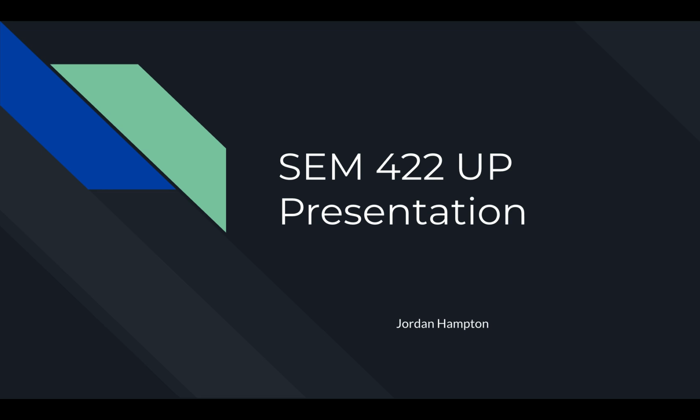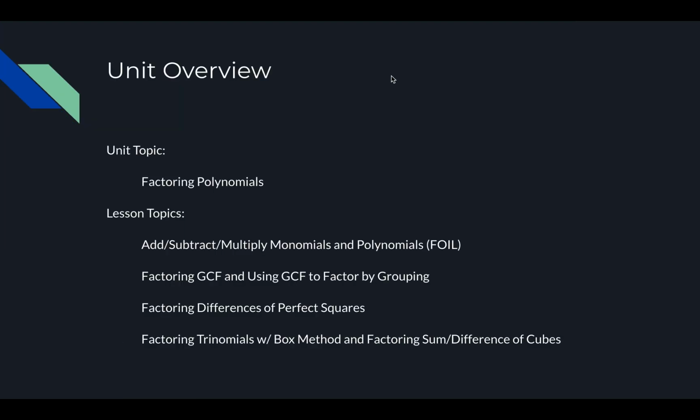I thought about doing AP computer science just to do something really challenging for me, because I had no idea what even AP computer science classes look like, but I didn't really think that fit the class and what we were doing here. And in geometry, a lot of it was stuff I'd done all my life, so I figured I'd shake it up a little bit and do some college prep algebra, which we're doing factoring polynomials, so it's not too exciting, which brings me to my unit topic, which is factoring polynomials.